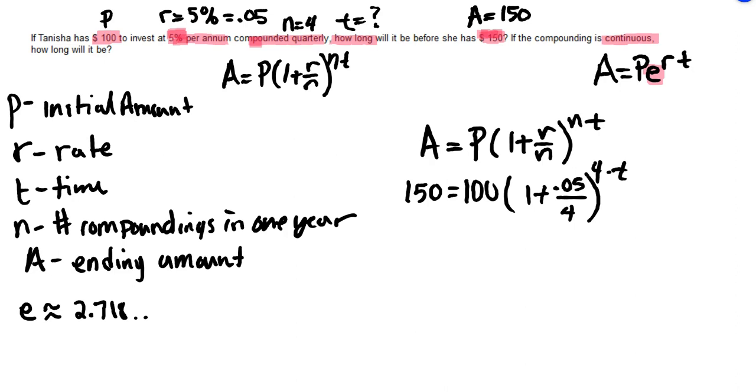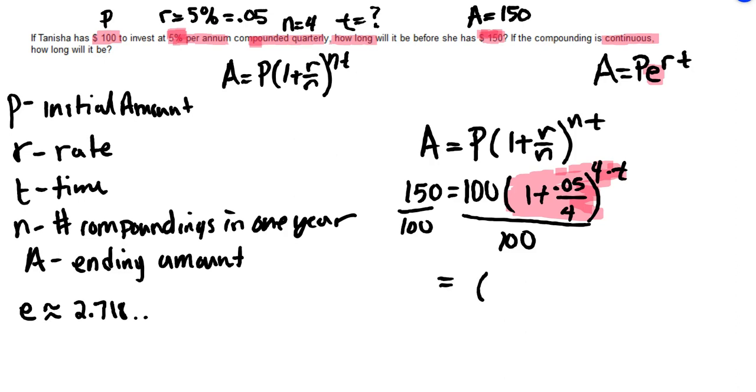So we're going to solve this equation by first getting rid of the principal here. What we're trying to do is to isolate this exponential onto one side. So we've got to get rid of that 100 by dividing both sides by 100.